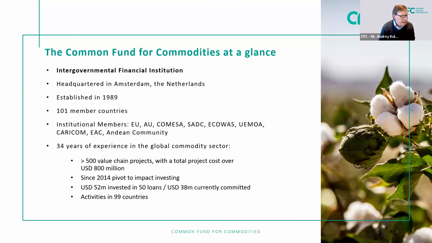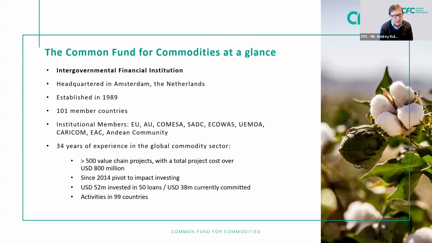Now, over the years, the CFC has financed over 500 value chain projects with financing in excess of 800 million. Since 2014, that's just over 10 years, the CFC is acting as an impact investment organization.